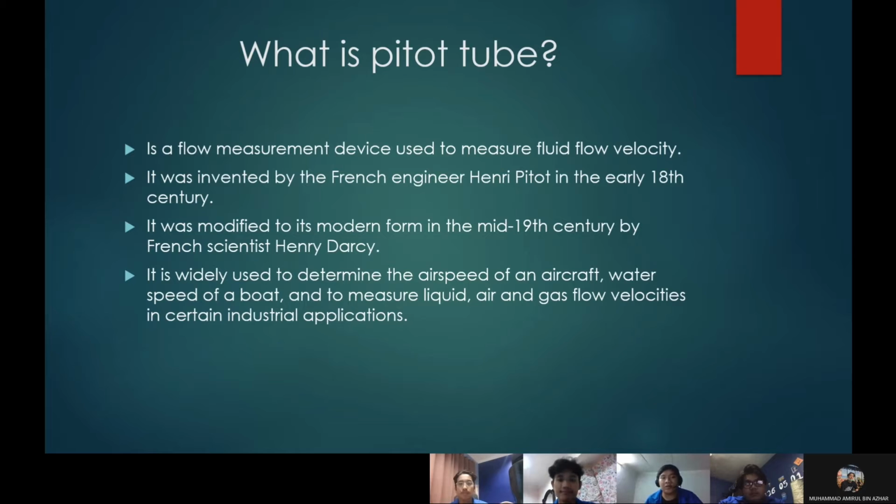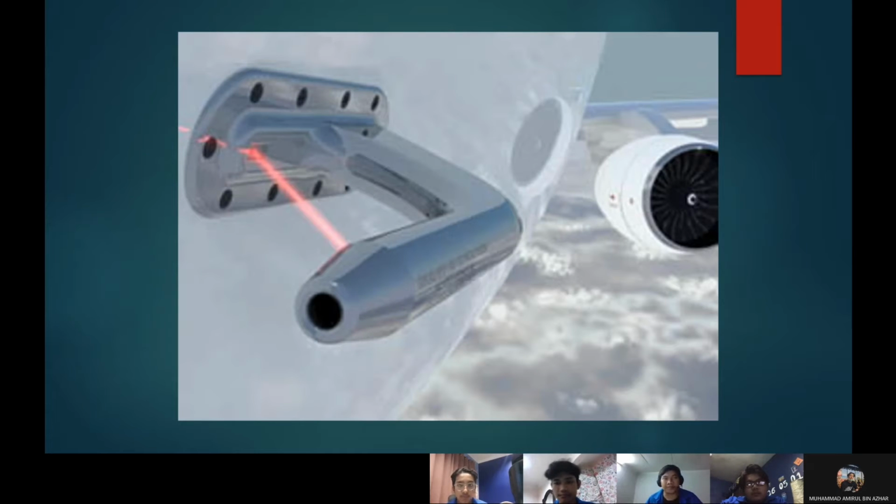It is widely used to determine the airspeed of the aircraft, water speed of the boat, and to measure liquid, air, and gas flow velocities in certain industry applications. This is the example of pitot tube.